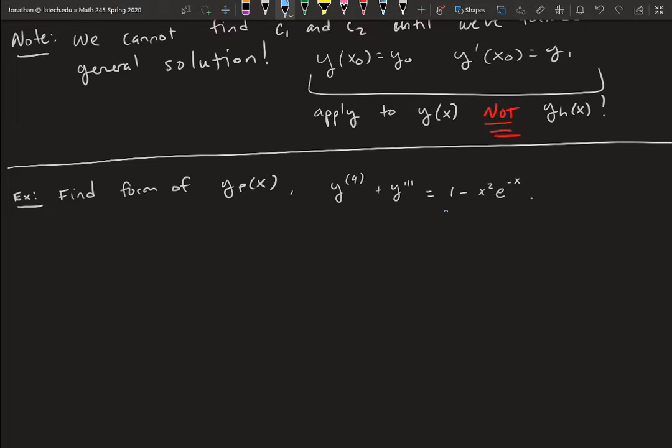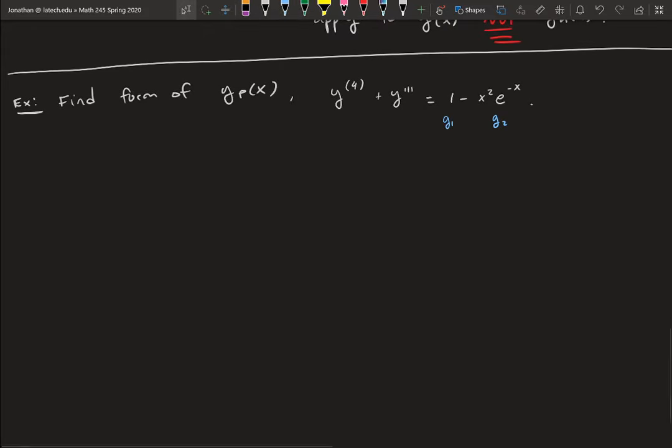Note here we have like a g1 and a g2. So we're actually going to need two pieces to our yp, our particular solution. First, what do we have to do? First we solve the homogeneous equation, y fourth derivative plus y triple prime equals 0.